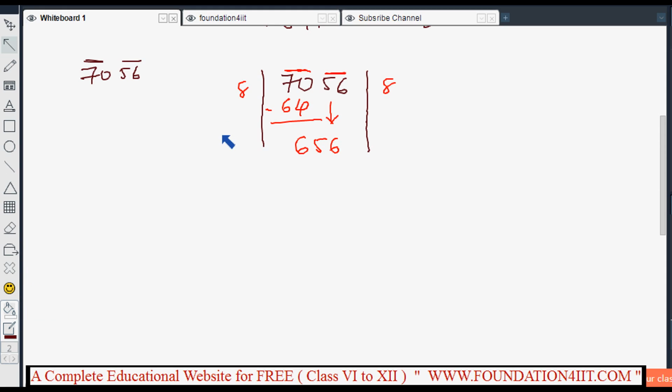So the units place should be doubled. Now next to the 16, we put one more digit. We always verify only the units place. So if I keep 2 next to 16, the same 2 should be kept here. If I keep 3, meaning 163, here also I should keep only 3.